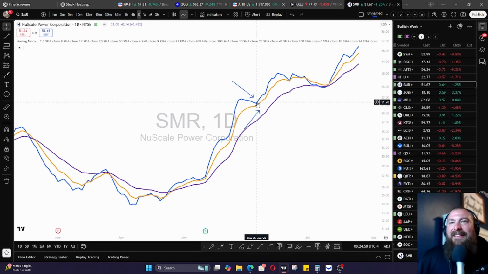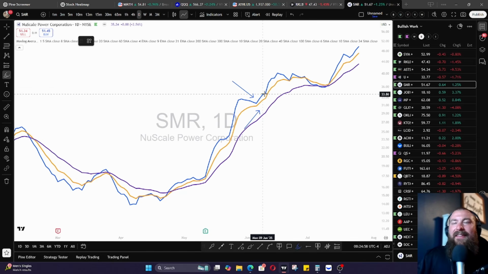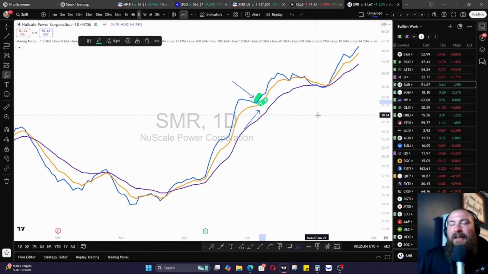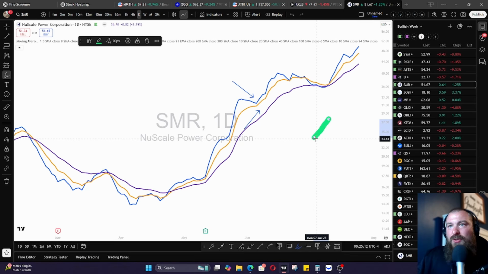But you want to see that first day that the 4 EMA ticks up and starts to create that air in between it and the 21-day moving average. It's so subtle, but they're separating. These 3 moving averages get tight, and then one goes this way, one goes this way, and the other goes that way. That's your entry right there.